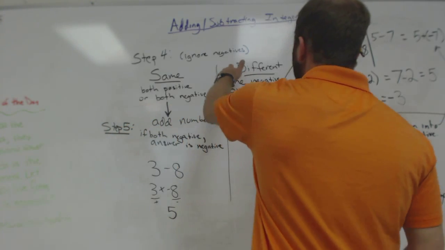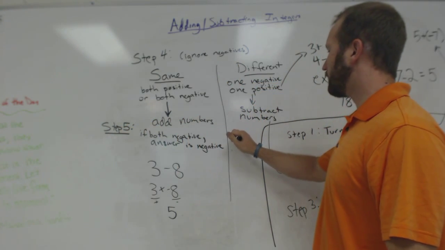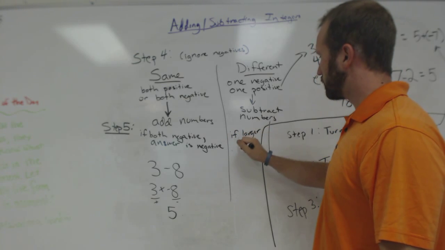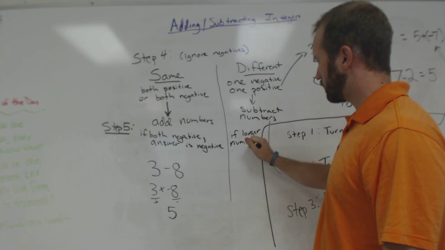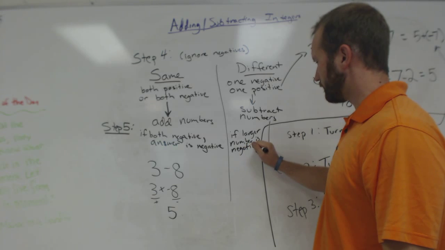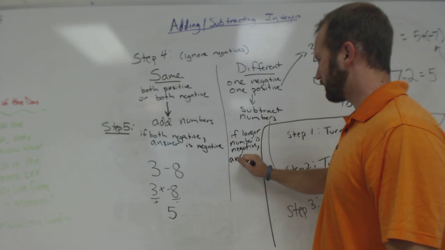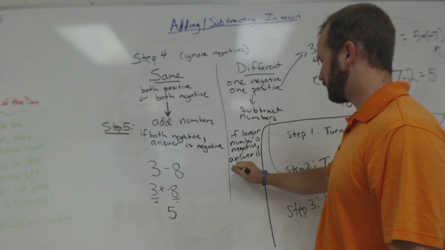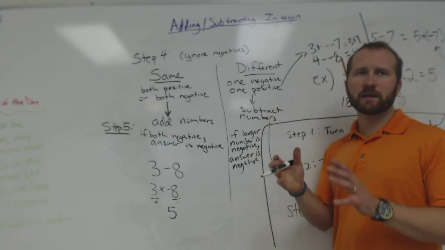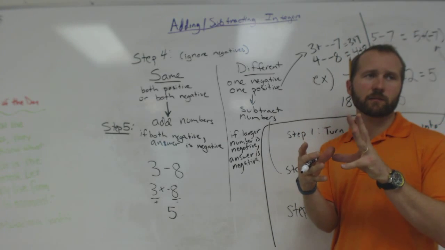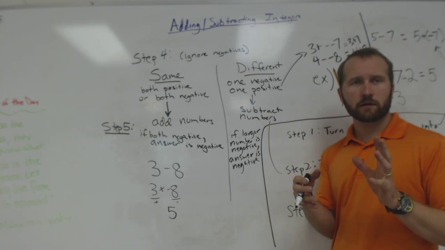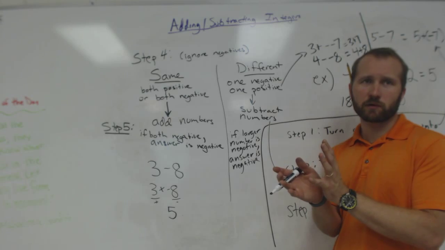If the numbers were different, then if the larger number is negative, your answer is negative. When I say the larger number, I mean the absolute value of that number. So negative 5 compared to 3, I'm saying that 5 is the larger number.